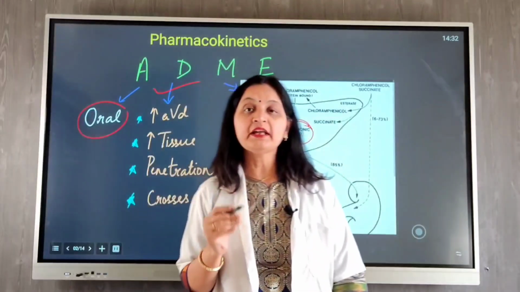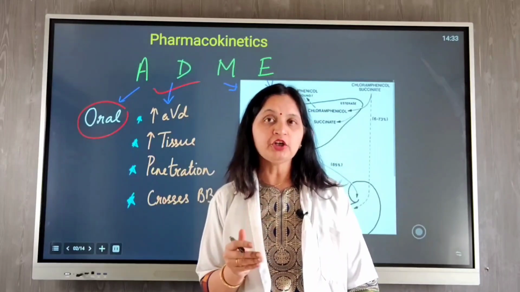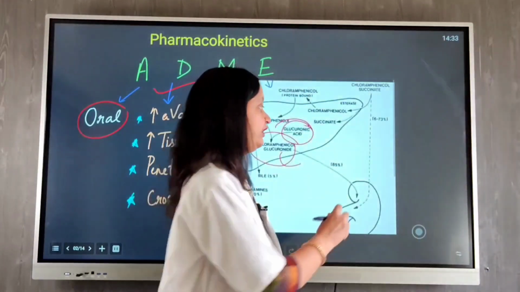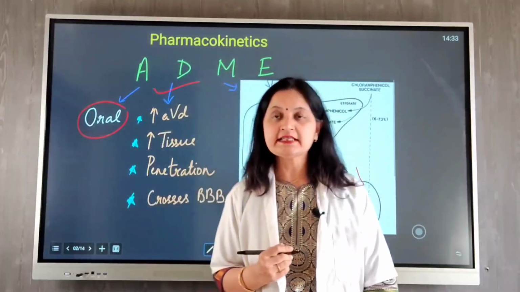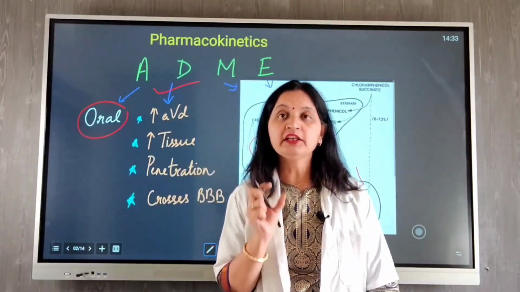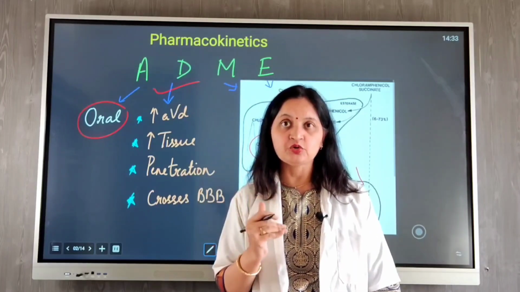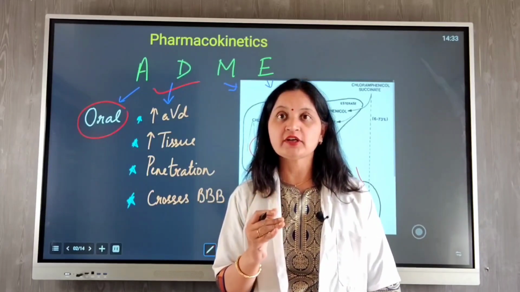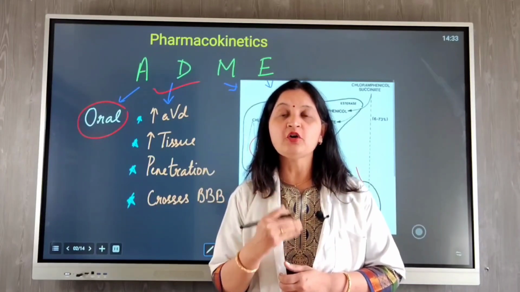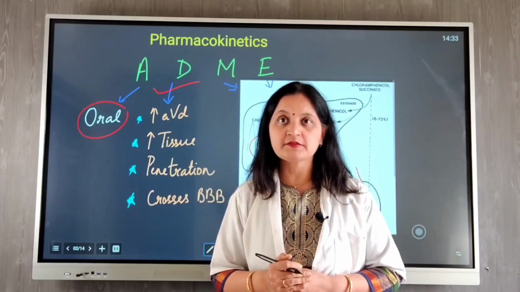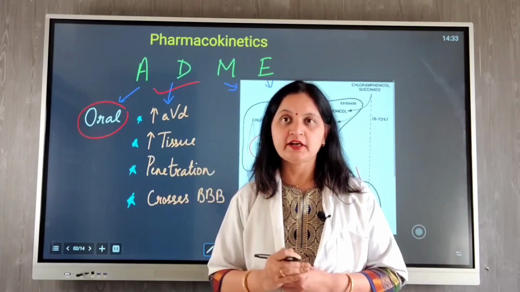This glucuronide metabolite is partly eliminated in bile, but the majority is excreted in urine through the kidney. In liver disease such as cirrhosis, or in neonates where the glucuronyl transferase activity is reduced, the metabolism is reduced. This leads to high concentration of the drug in the plasma, leading to toxicity, and this requires dose reduction.